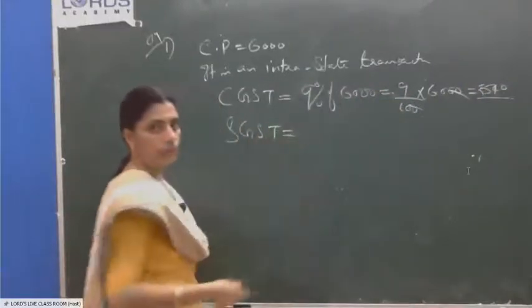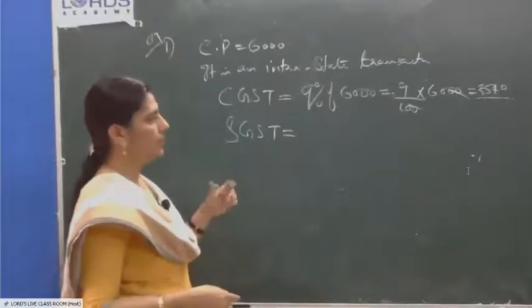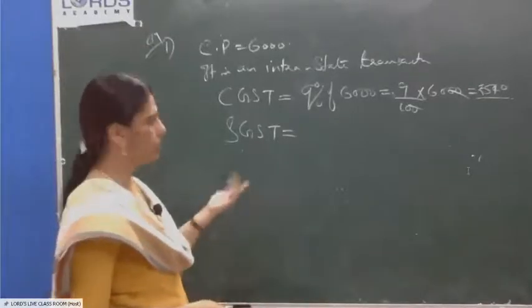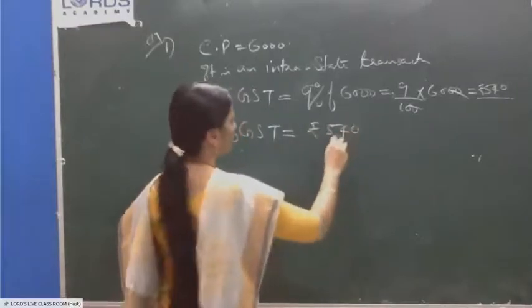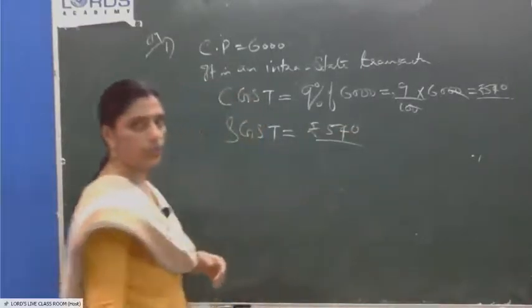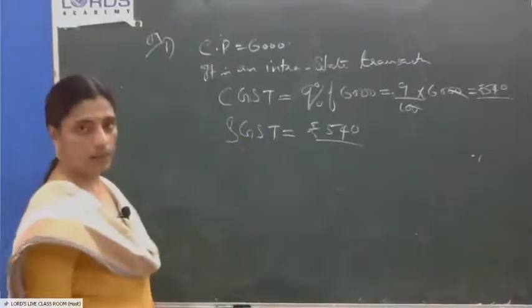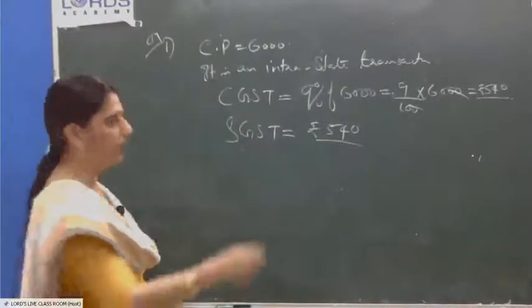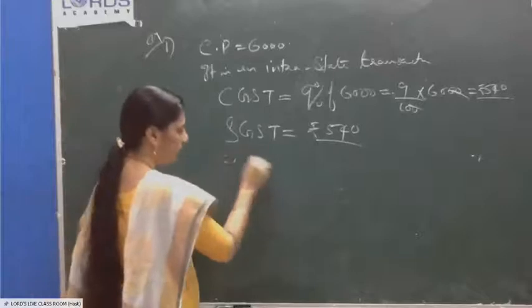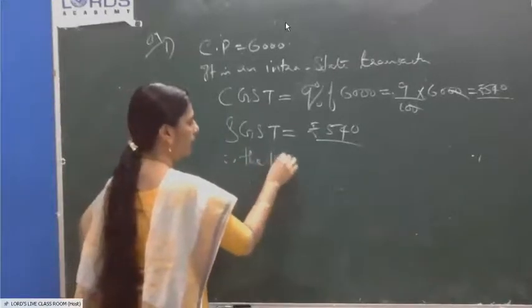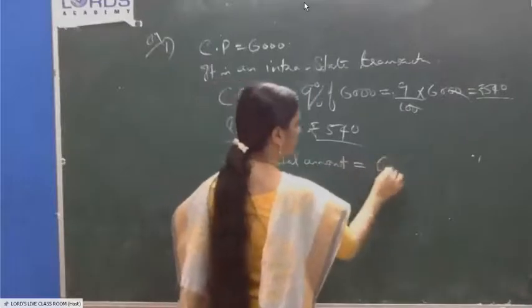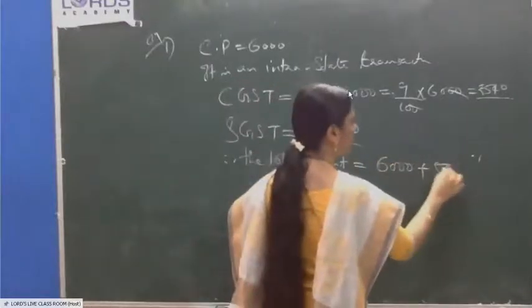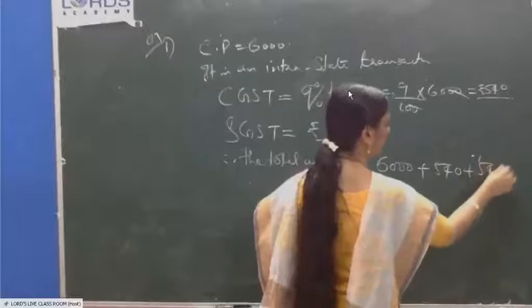That also no need to find again. Same share to the state government also. So I am not finding again. Rupees 540. So for state government 540, for central government 540. So what is the total amount that the customer has to pay? Therefore, the total amount that the customer has to pay equals 6,000 plus 540 plus 540.